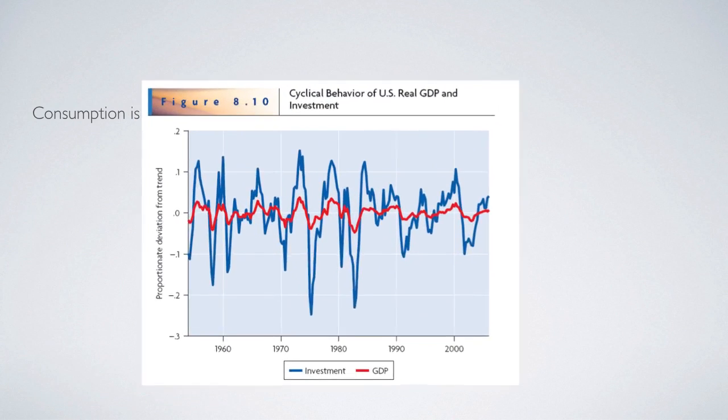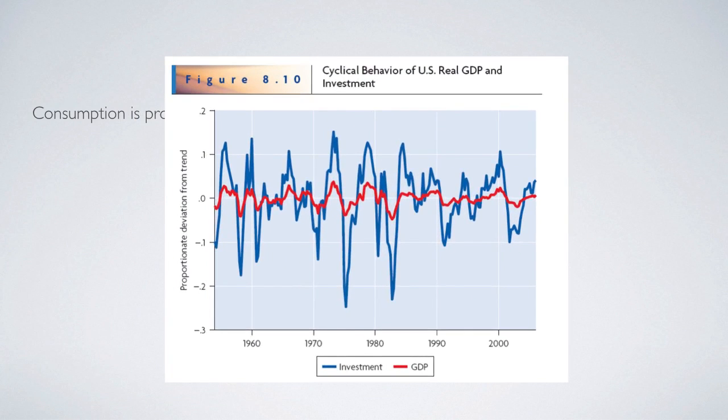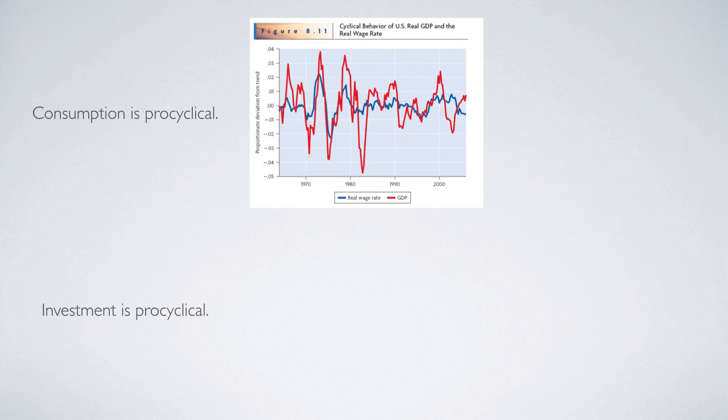And then the other component we care about is investment. On this graph, we have the cyclical component of investment in the blue line. You can see that it moves up and down with GDP in the same direction as well. Therefore, the stylized fact of investment is that it is procyclical. Then we move on to the labor market.